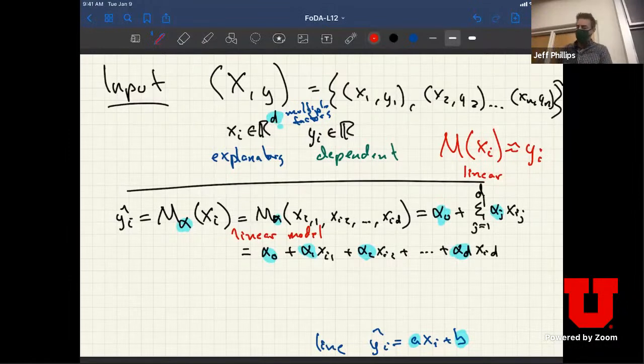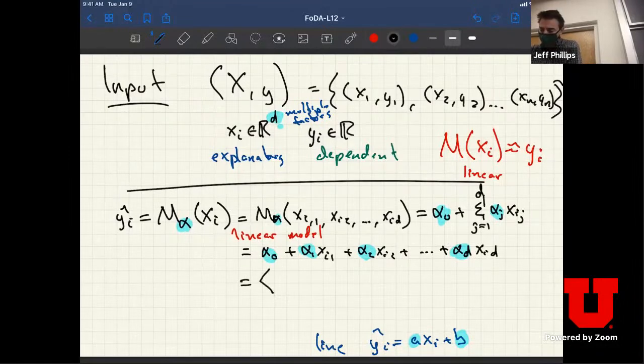All I can do to each explanatory variable is multiply it by something, and add these things together. There's one other way I like to write this, which will be very useful, which is to encode this as a single dot product.